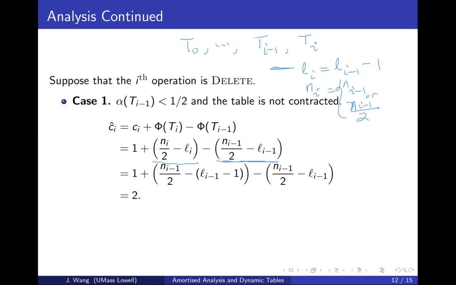In this case, no shrinking, so N sub i is equal to N sub i minus 1, and L sub i is equal to this. So we plug that in, and you see this is canceled, that's canceled, and negative, negative becomes positive. So this is a constant, 2.